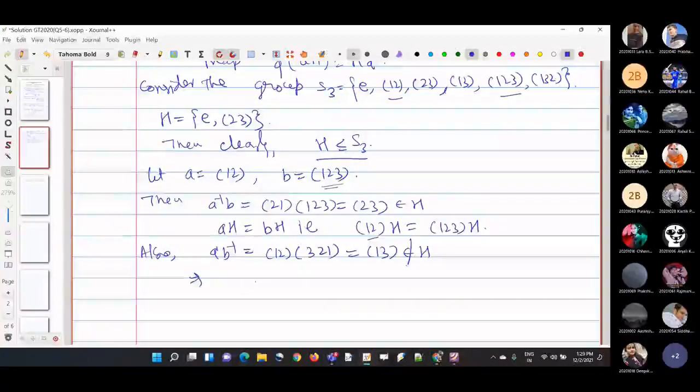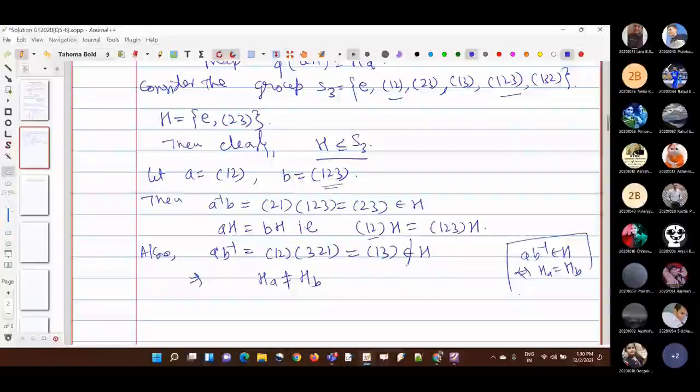So this implies that HA is not equal to HB, because this holds if and only if AB inverse belongs to H. I'm using the result: AB inverse belongs to H if and only if HA equals HB. So this result in case of right cosets we are using, that is H(1 2) is not equal to H(1 2 3).